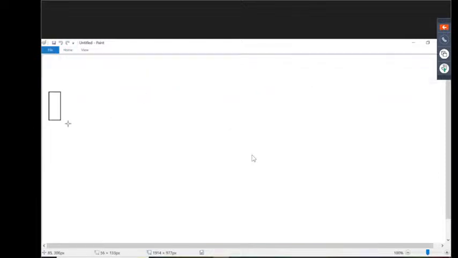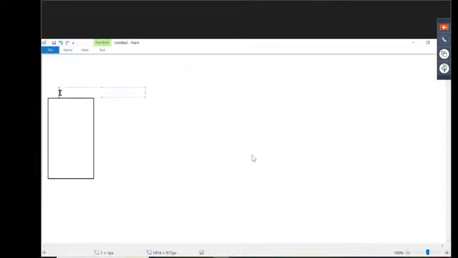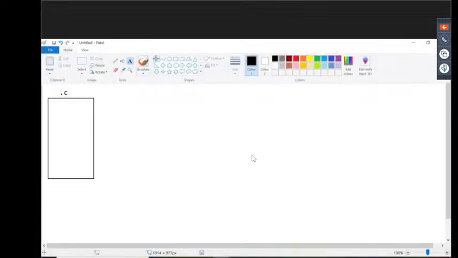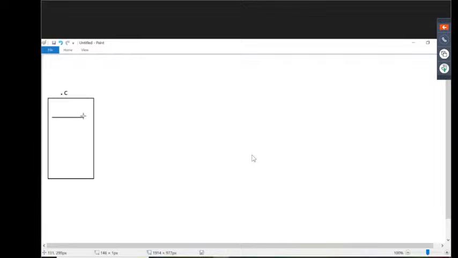For example, here we are having a .c program, a C file. Inside this C file, we are able to write some code, some content. Here we have written source code.